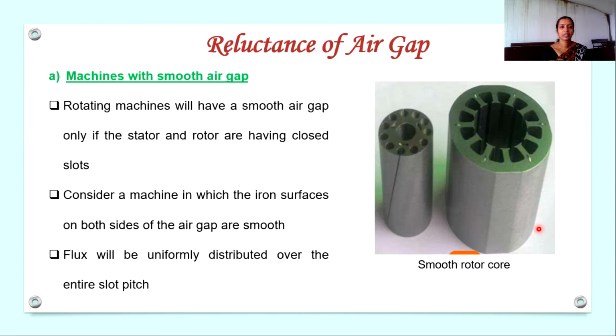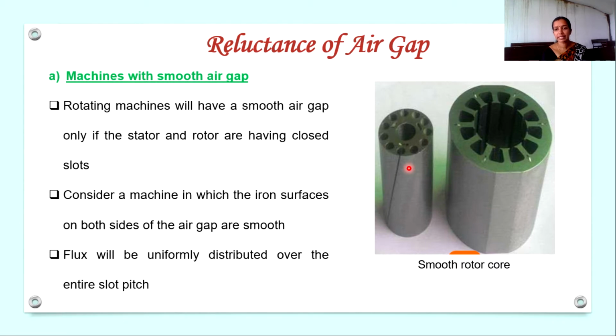So first, a machine with smooth air gap. So we have to calculate the reluctance of a smooth or a uniform air gap. So a rotating machine will have a smooth air gap only if both the stator core as well as the rotor core are having closed slots. So this is the rotor core and stator core of a particular machine.